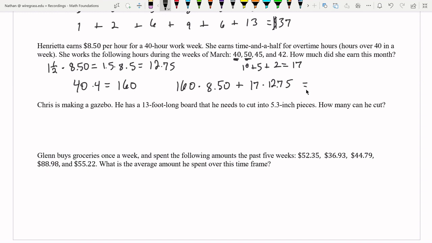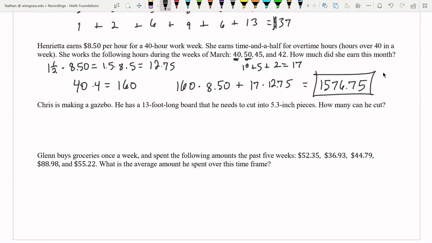Well, if she's getting paid once a month, this would be what would be on her paycheck. So 160 times 8.5 plus 17 times 12.75. And I'm getting $1,576.75. That's going to be her gross pay for the month of March.